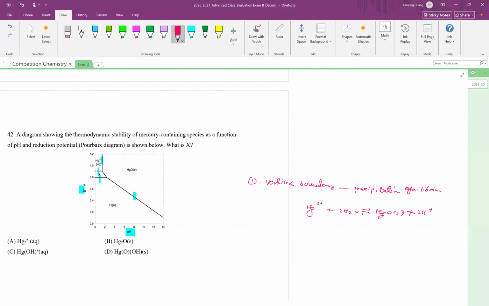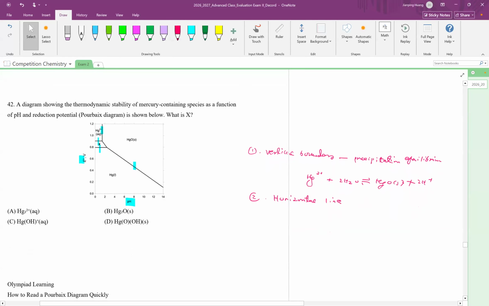Now, look at the next one. Horizontal line. That one is an equilibrium that depends on the potential, not the pH. Can you see?